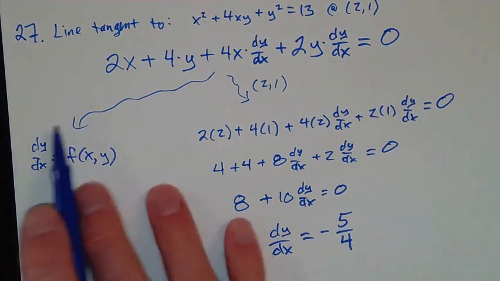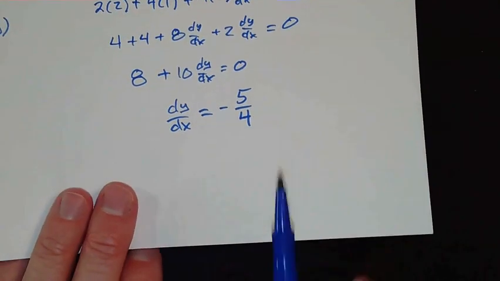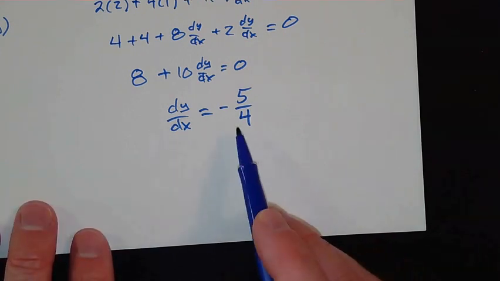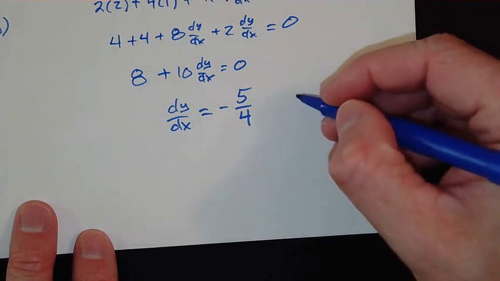And if I plugged the point (2, 1) into that expression, I would still get negative 5 over 4. We would just have to do a little bit more algebra with variables instead of algebra with numbers. Either way, we get to this point. That is the slope of the tangent at the point (2, 1).